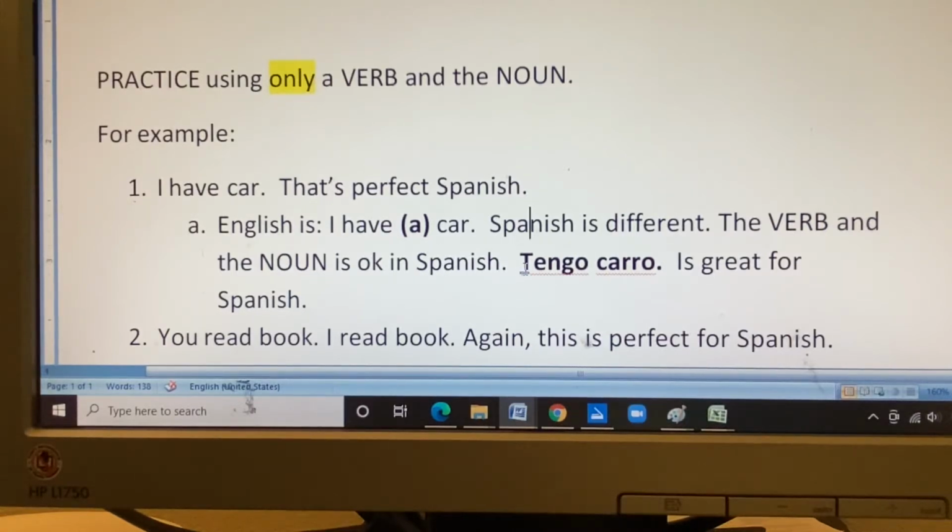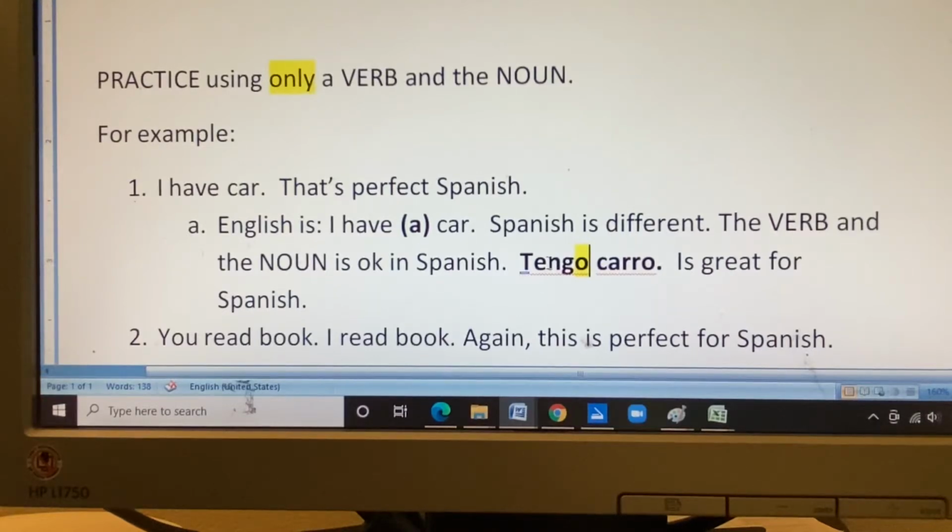So in Spanish, we're going to say tengo, which means I have, because inside of every Spanish verb, as you remember, is a person. And in this case, this verb ends with O in the present tense. So therefore, if it ends with O, that means inside of this verb is the person yo.